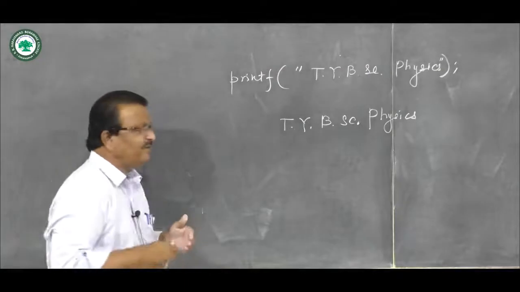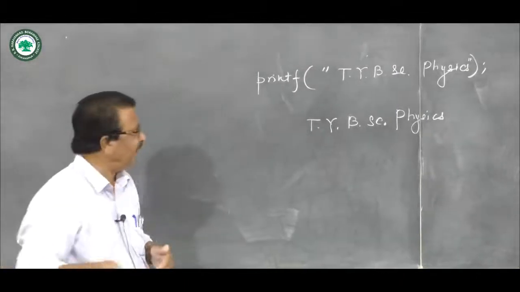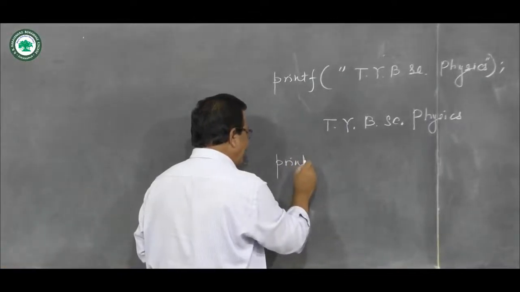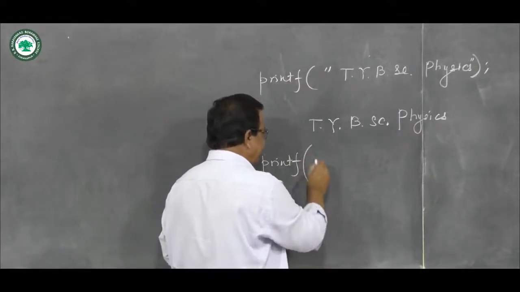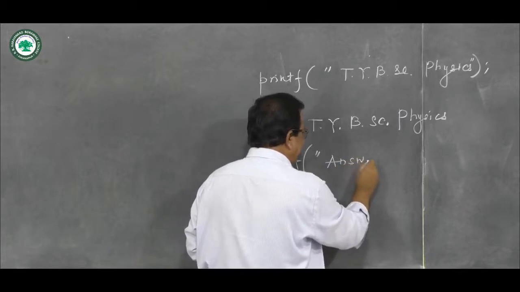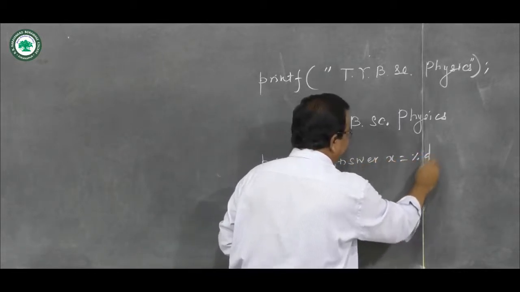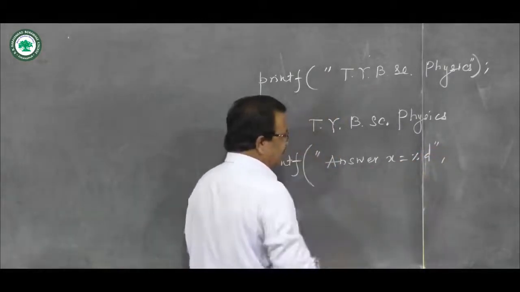Then printf function is also used to display message plus variable value. So another example where I am displaying message plus variable value is printf, "answer x equal to %d", comma, this is control string.